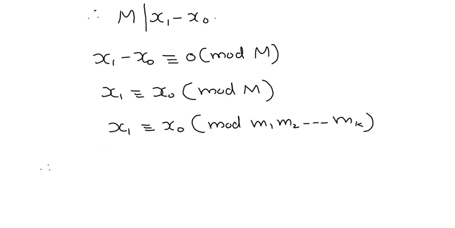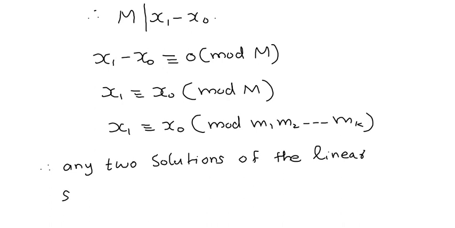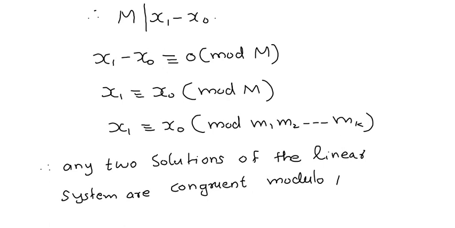Therefore x1 and x0 are the same. Therefore any two solutions of the linear system are congruent modulo capital M. So the solution is unique.